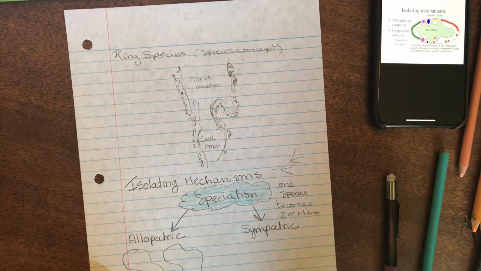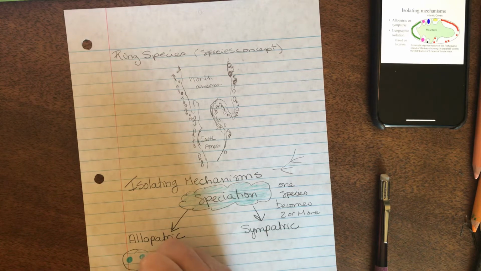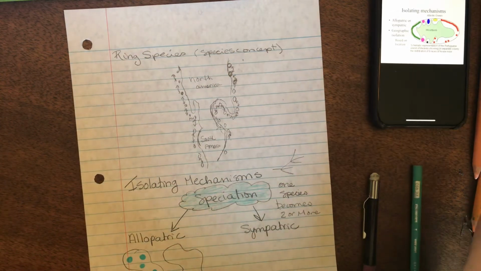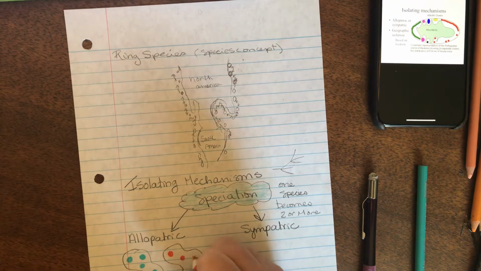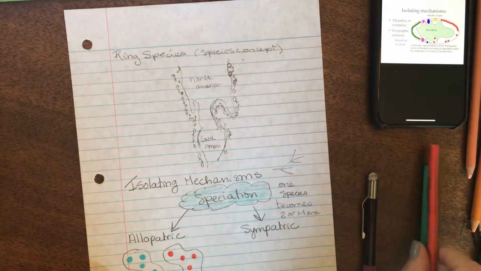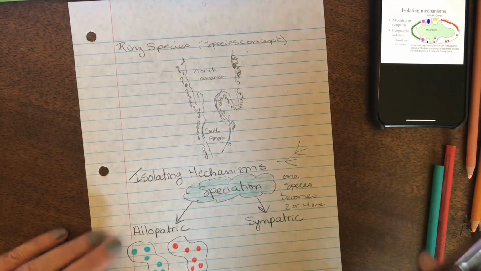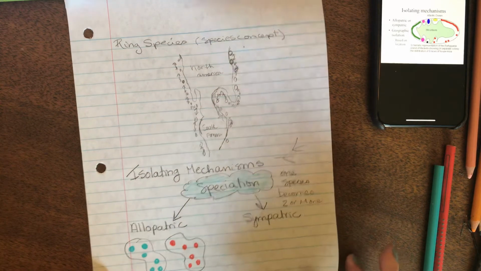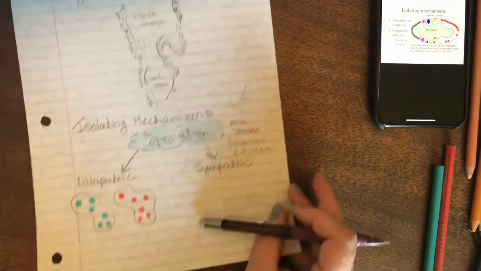So you went from having a gene pool where everybody was all together in one, but then maybe something comes in and divides that gene pool permanently. And that permanent division causes the gene pools to wander off into different directions, but they're separate from each other. They're isolated.